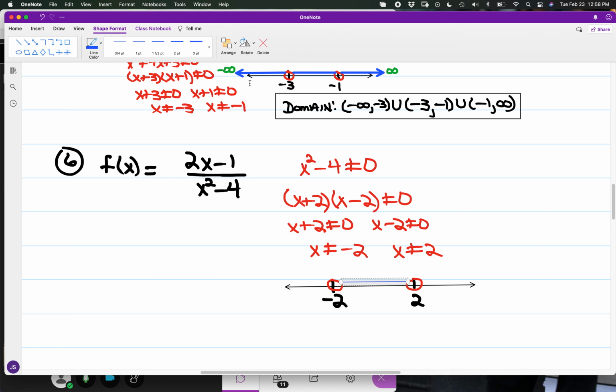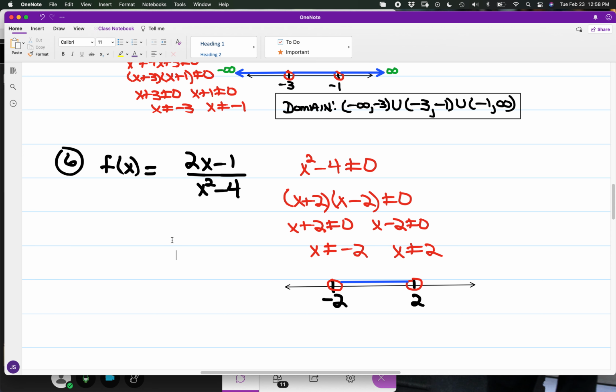So you have 2 exclusions from the domain, and the interval notation is going to consist of 3 subinterval sections.